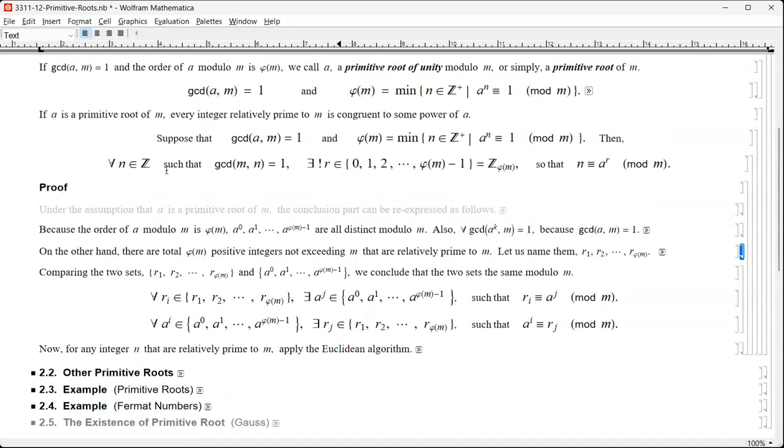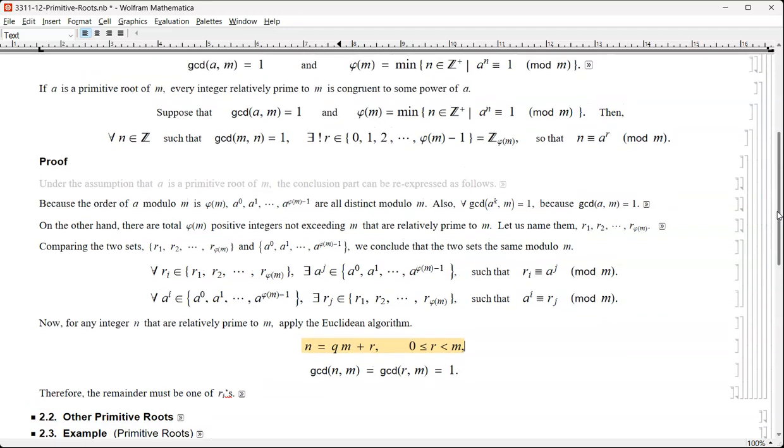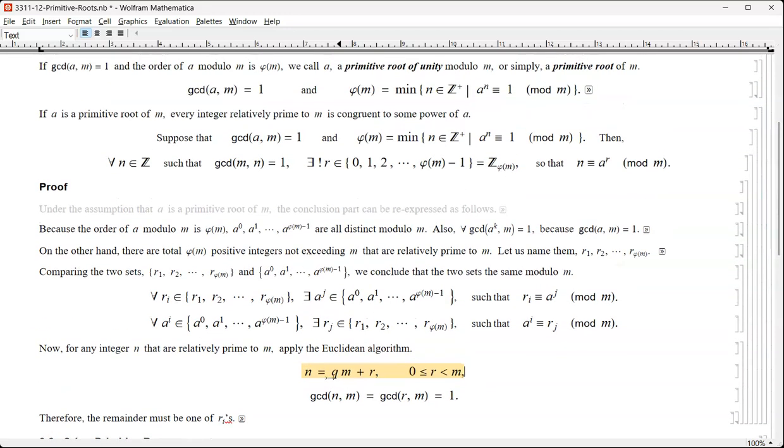Now, let's go with arbitrary integer n. Then we use the division, divide by m. Then we have qm plus r. q is the quotient, r is the remainder. And the remainder is from 0 to m, all right? And then we apply the Euclidean algorithm. GCD of n and m is the same as GCD of r and m, and GCD of n and m is 1, so GCD of r and m is 1.